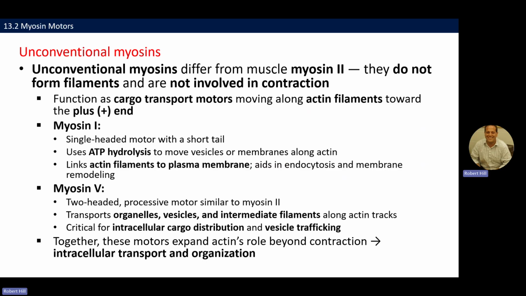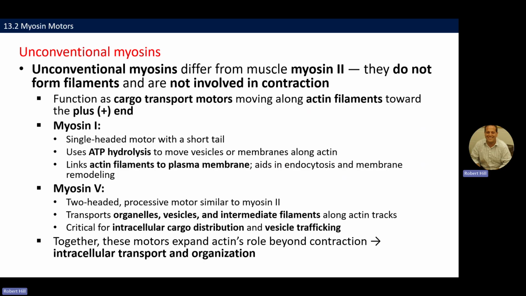myosin 5 has two heads and a long coiled tail, and the tail will move, right? So it basically takes multiple steps without detaching. And this myosin 5 is important. It can transport organelles, vesicles, and it can even transport intermediate filaments all around the cell.